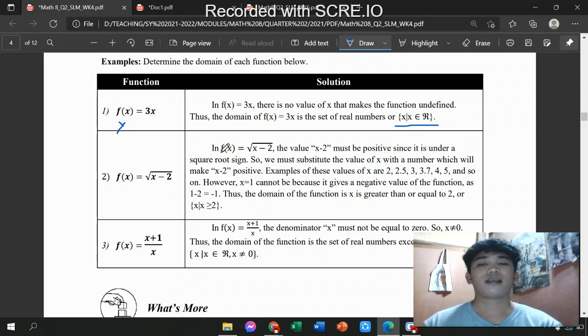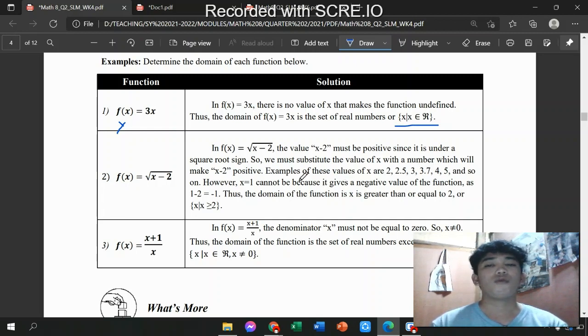So in f of x equals square root of x minus 2, the value x minus 2 must be positive since it is under a square root sign. So we must substitute the value of x with a number which will make x minus 2 positive. So examples of these values of x are 2, 2.5, 3, 3.7, 4, and 5.